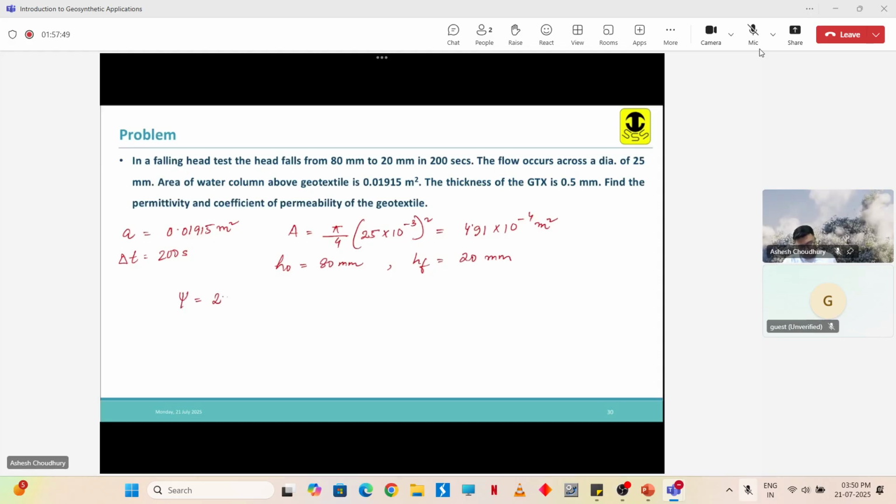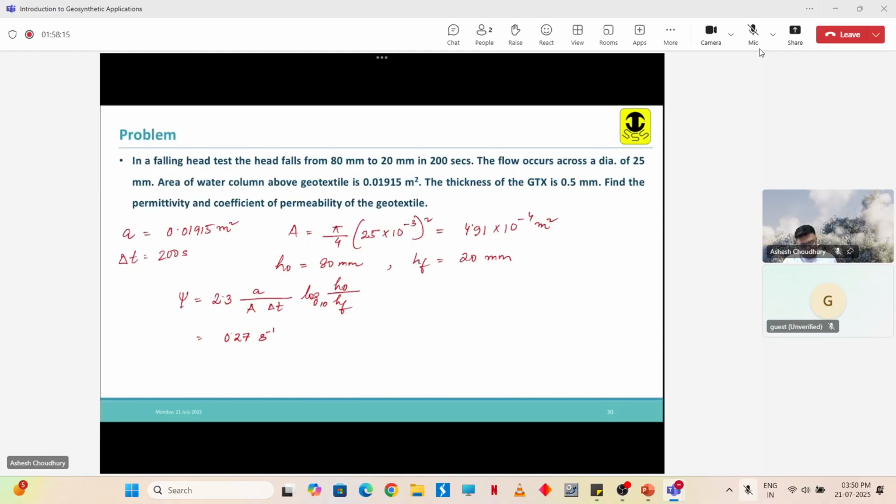With 2.3 and log base 10 of H naught by HF over delta T, if you put all the values, we get 0.27, but this is my permittivity.